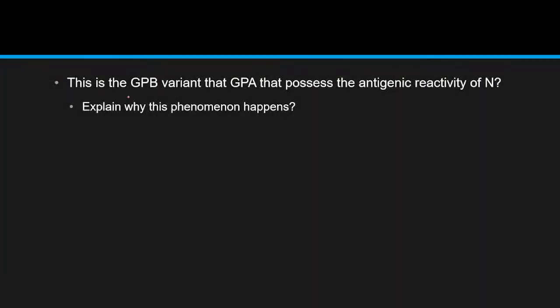The glycophorin B variant of GPA, or glycophorin A. This one is the glycophorin B variant that possesses antigenic activity to N. Basically it is a variant that possesses the antigenic activity for N, the N-like antigens.